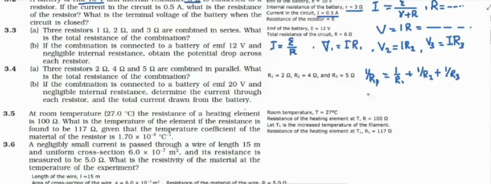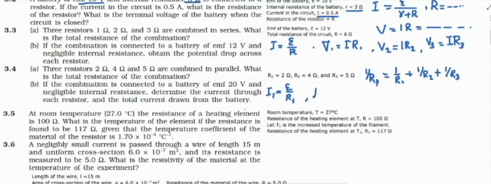Now in parallel combination, voltage remains the same. So across each resistor, constant voltage is there. So current you can calculate using the formula I is equal to epsilon divided by R1. That is the value of I1 for the first resistance.